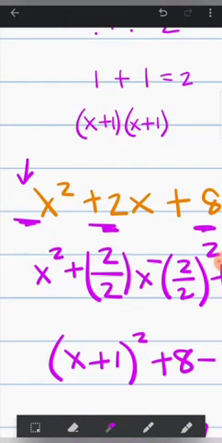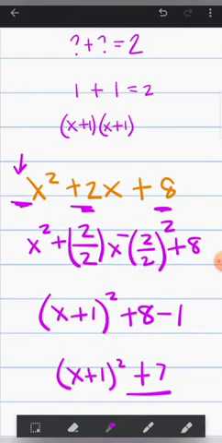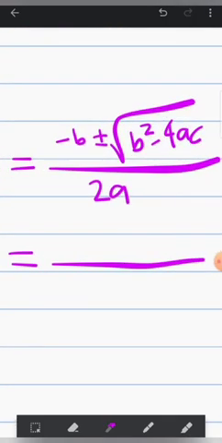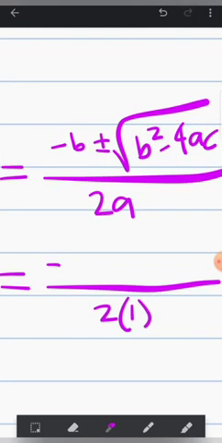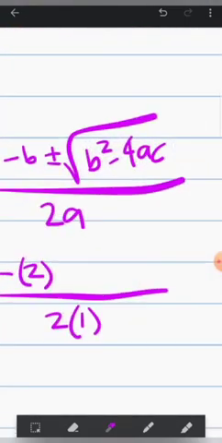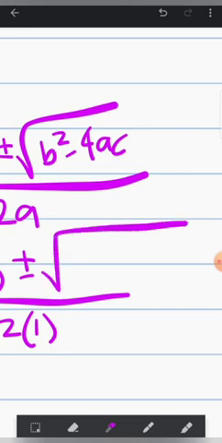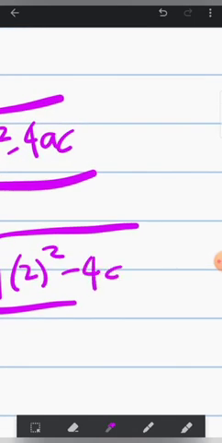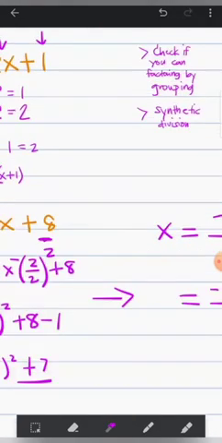Since there is no coefficient of x squared, automatically its coefficient is 1. So 2 times 1 in the denominator, and then negative B, our B is 2. Then plus minus square root of 2 squared minus 4AC, so 4 times 1 times 8. Our C is 8.